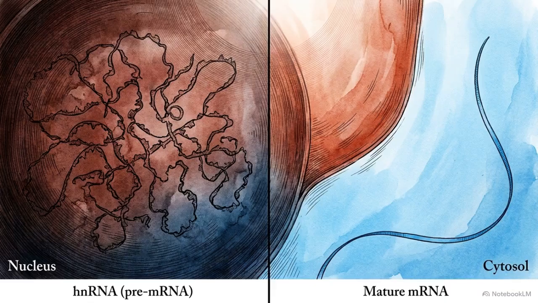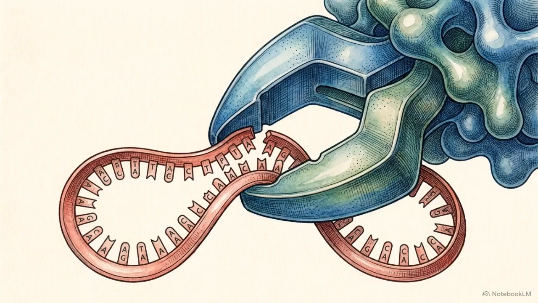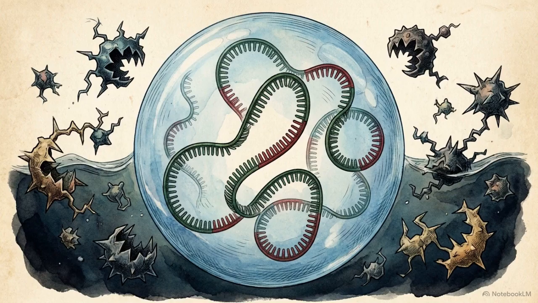The shift to a compartmentalized nucleus forced eukaryotic cells to separate raw data generation from data execution. To bridge that gap, the cell executes an extensive editing process. Before any editing can occur, the raw hnRNA must be chemically armored to survive the journey out of the protective nucleus. First comes capping.